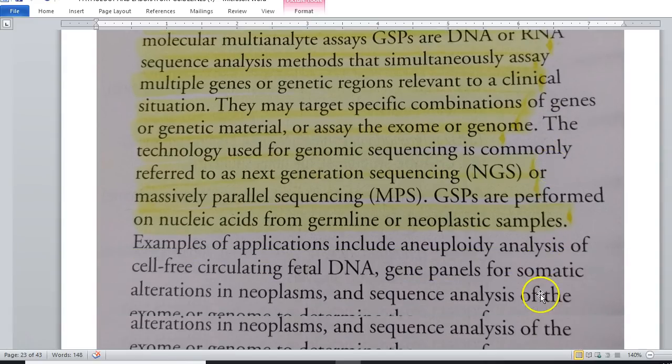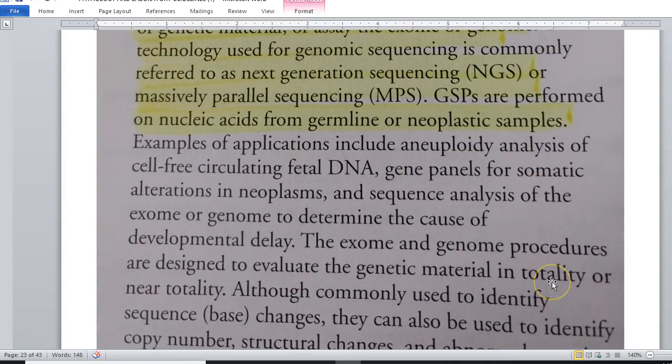GSPs are performed on nucleic acids for germlines and neoplastic samples. Examples of application include aneuploidy analysis of cell-free circulating fetal DNA, gene panels for somatic alterations in neoplasms, and sequence analysis of exome or genomes to determine the cause of a developmental delay.